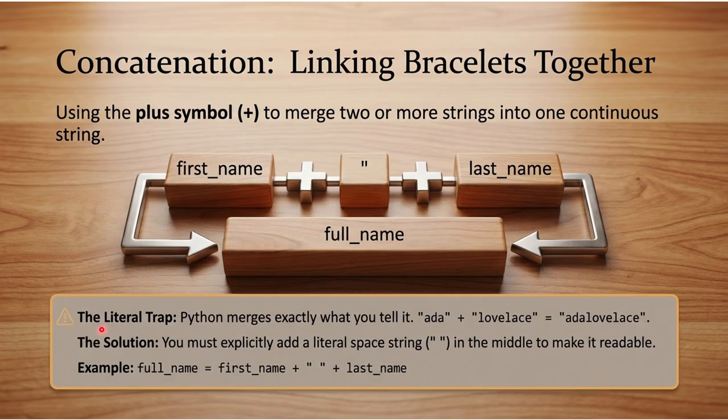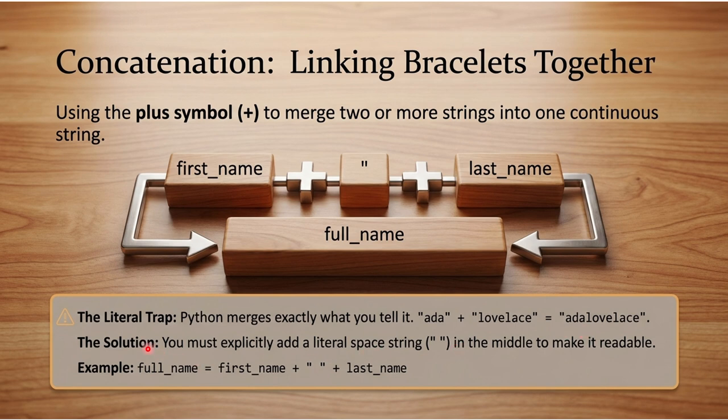Here we have a literal trap. Python merges exactly what you tell it. If you do Ada plus Lovelace, it will not put a space by default. It will just squash these two strings into each other.